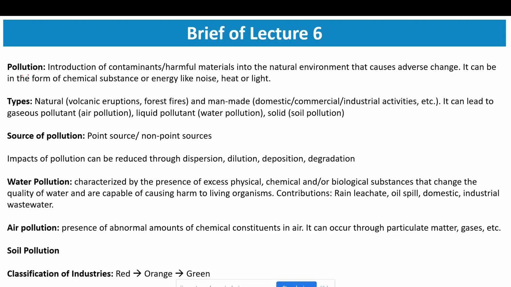So what is pollution? Pollution is nothing but the introduction of harmful or contaminated materials or contaminants into the natural environment by any means.